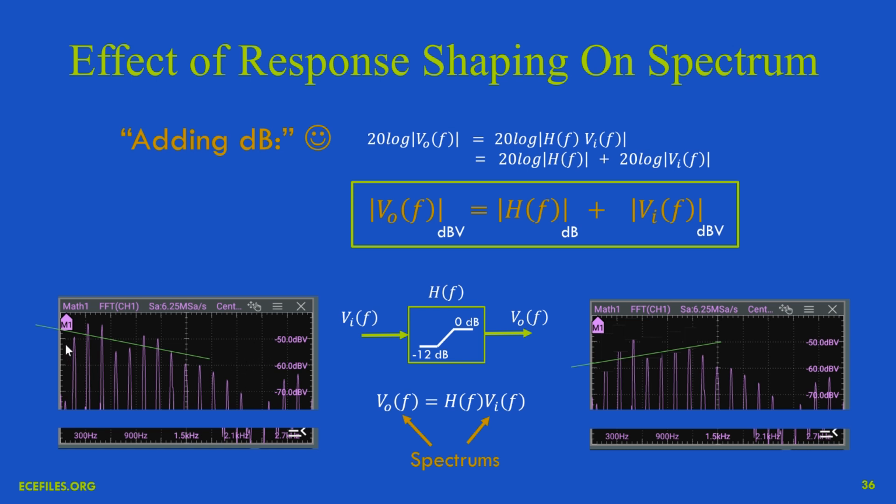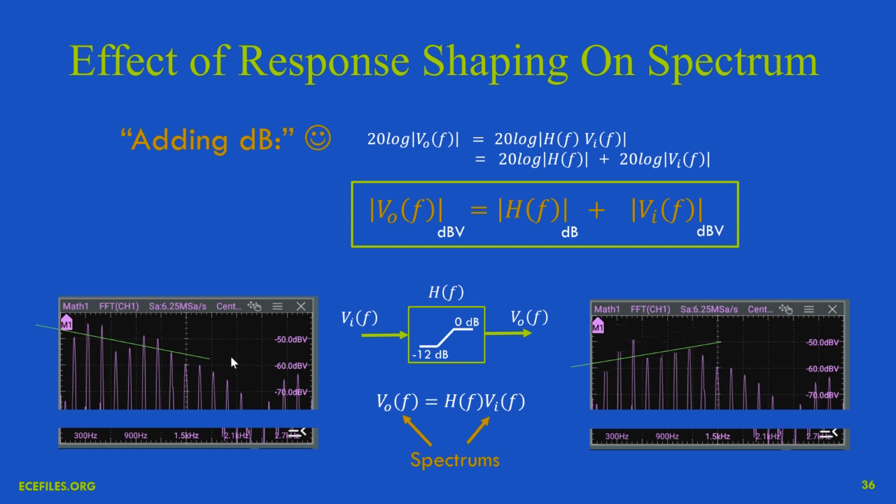If you look at this response, this is the original signal. It looks like it's sloping off like this for a best fit line. Then we go through our response shaping network, and now it looks somewhat like this. So we have indeed accentuated the higher frequencies, and in particular taken the fundamental and the 2nd harmonic and suppressed them a fair amount from what they were.